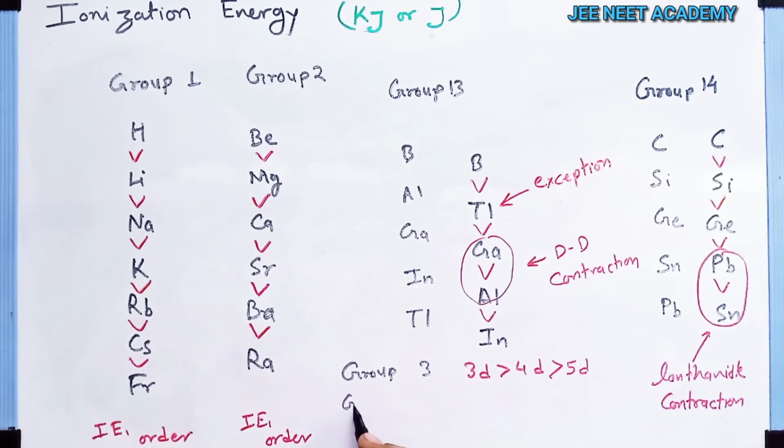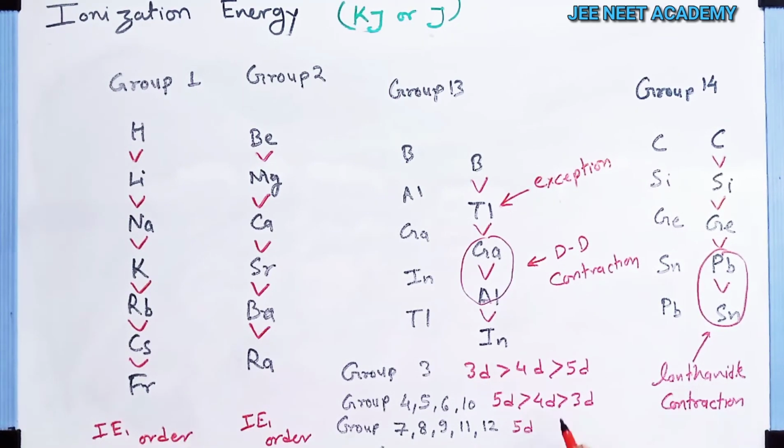Groups 4, 5, 6 and 10: 5d will have the highest, then 4d, then 3d. And groups 7, 8, 9, 11 and 12: the order will be 5d, then 3d, then 4d. So this will be the order for group d elements.